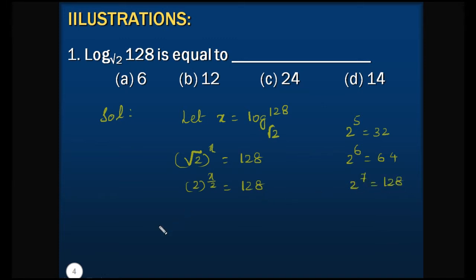So let us substitute that. So 2 to the power of x by 2 is equals to 2 to the power of 7. Now we can compare the powers as the bases are same. Therefore, x by 2 is equals to 7, which implies x is equals to 7 into 2, it's 14, right? So the answer is D, right?